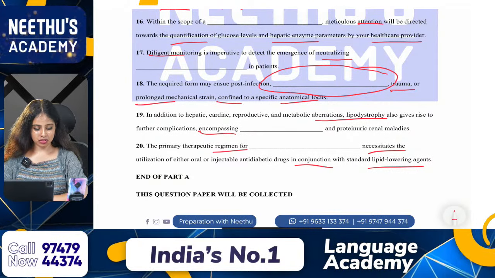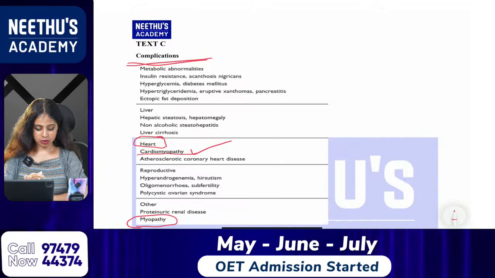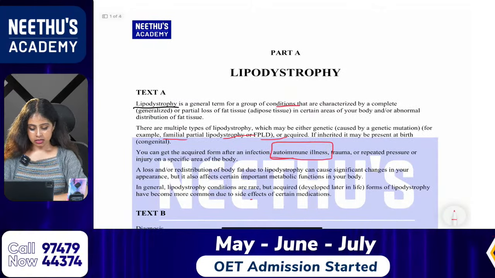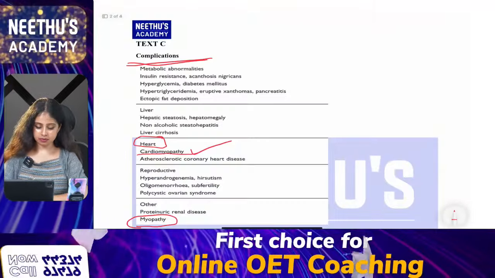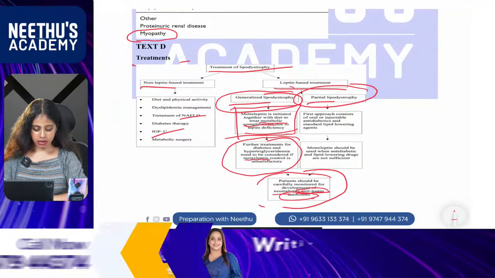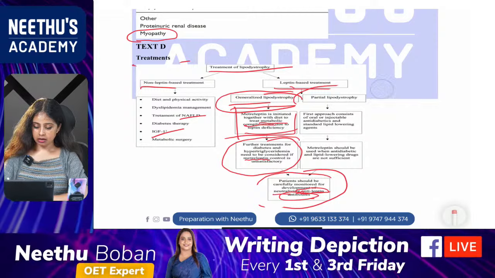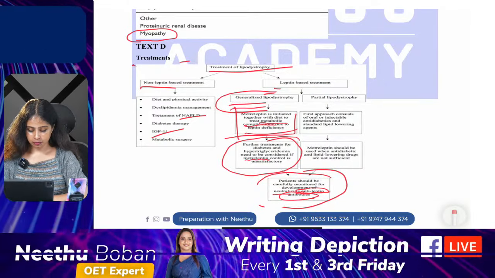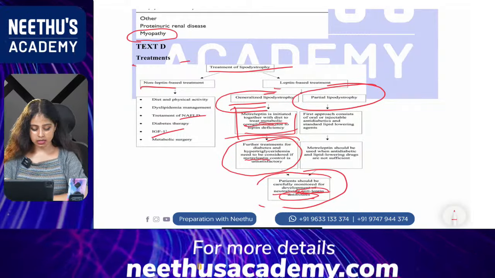Any idea for the last question? Do you know the answer? Is it partial lipodystrophy from text D? Am I right? Okay, so the answer is partial lipodystrophy from here, as you can see. That is the answer.